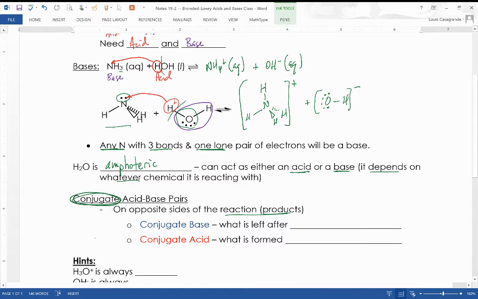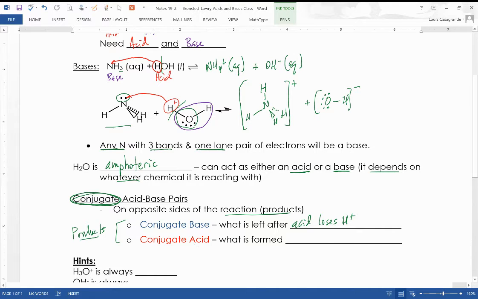And the way we recognize the conjugates, and you're going to have to do some of this on the homework, is that the conjugate base is what is left. So the conjugate base, remember again, these are products. You start off with the reactants of the acid, and the conjugate base is what is left after the acid loses an H+.